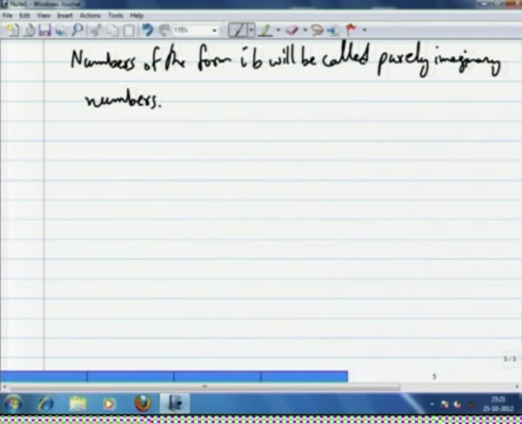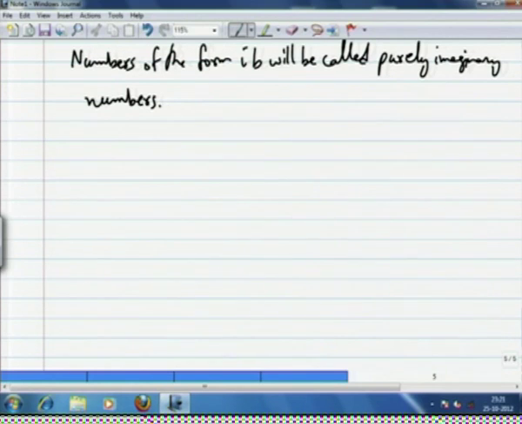And there is a definite arithmetic to it, there are definite rules of arithmetic, and then they have further properties, as we will see. So, you should remember that imaginary numbers is just a historical thing. And numbers of the form I B will be called purely imaginary.